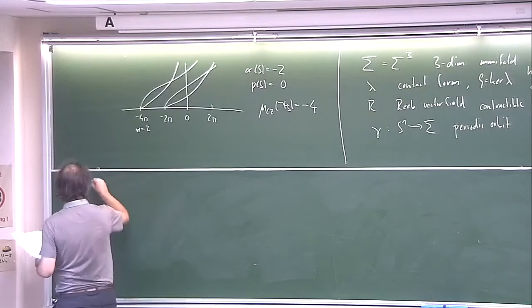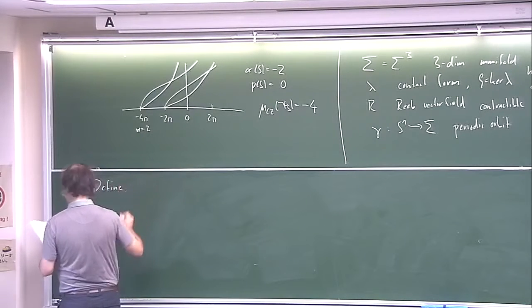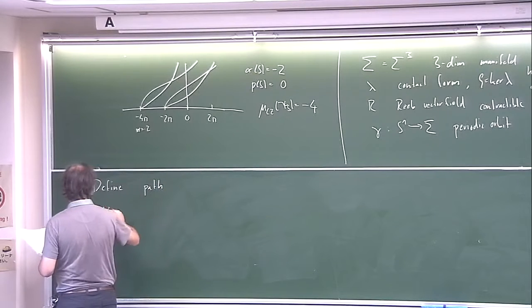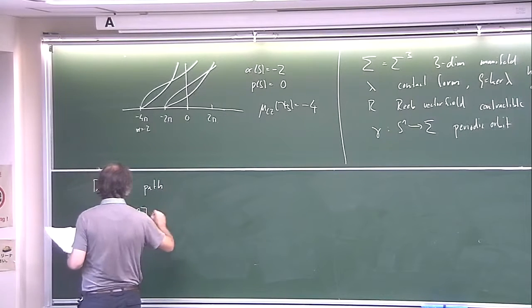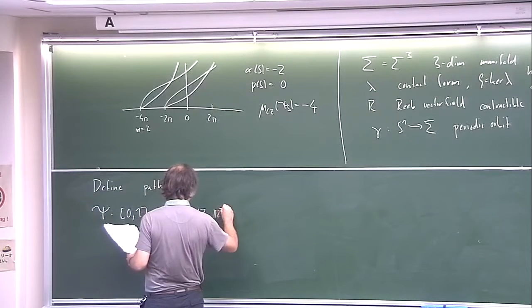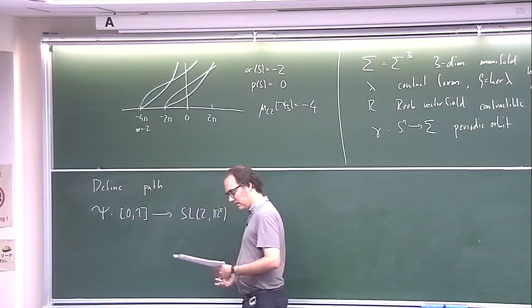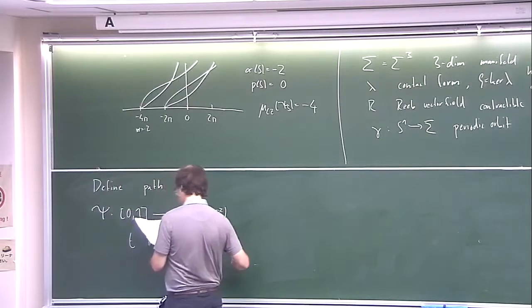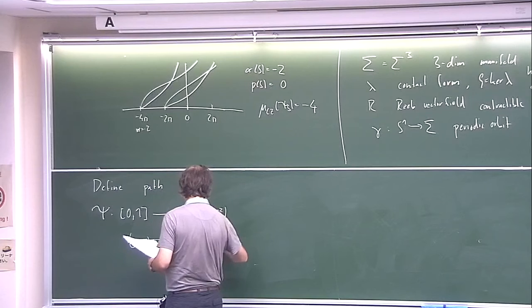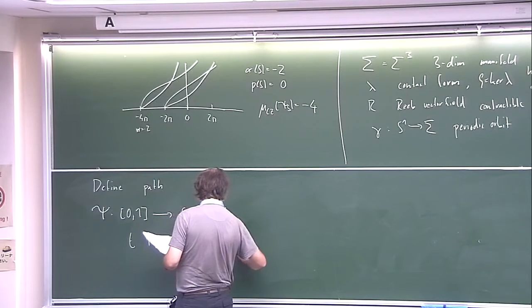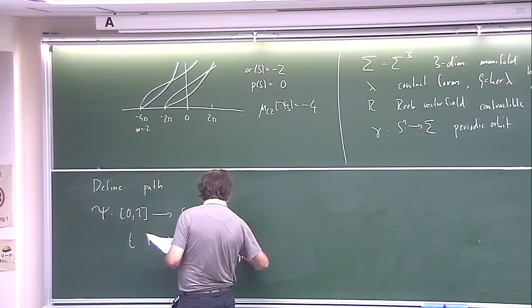So define a path psi from 0, 1 to SL(2), t maps to, so we look at the differential of the flow phi_R^t restricted to psi gamma 0.